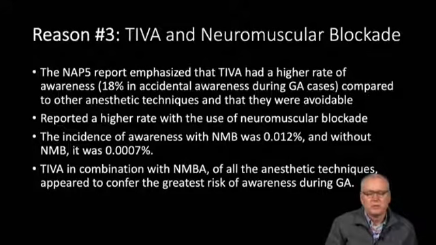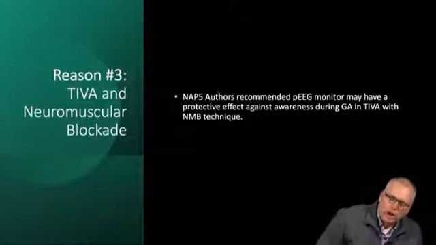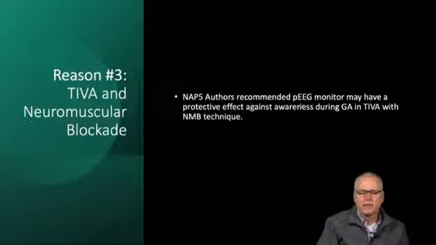TIVA in combination with neuromuscular blockade appears to give the greatest risk of awareness during general anesthesia. So it's the bad combo for awareness, TIVA plus neuromuscular blockade. So the authors of NAP5 recommended that processed EEG monitoring may have a protective effect against awareness during general anesthesia when using these 2 drugs.